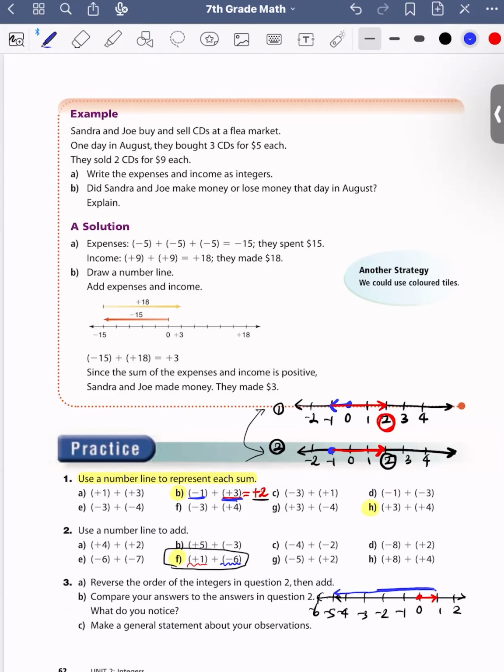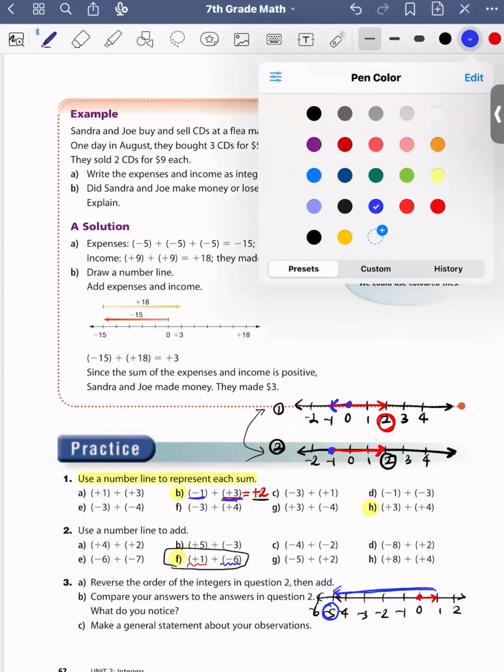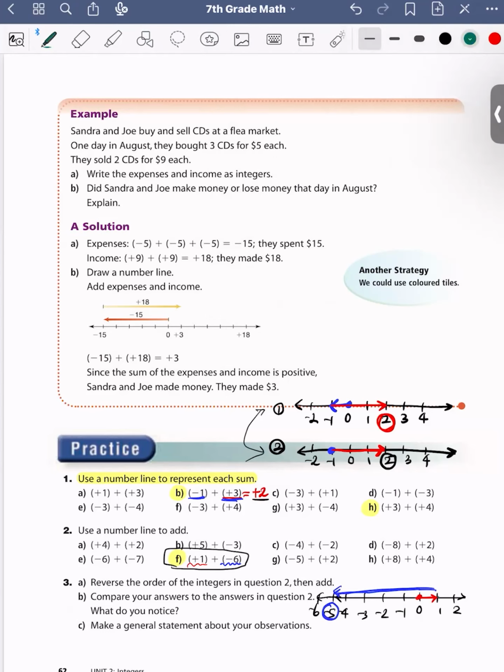After adding these two, it's going to give us negative 5, right? Or you can also start from plus 1 right here and then draw an arrow that goes towards the negative direction, which also gives us negative 5. Great job.